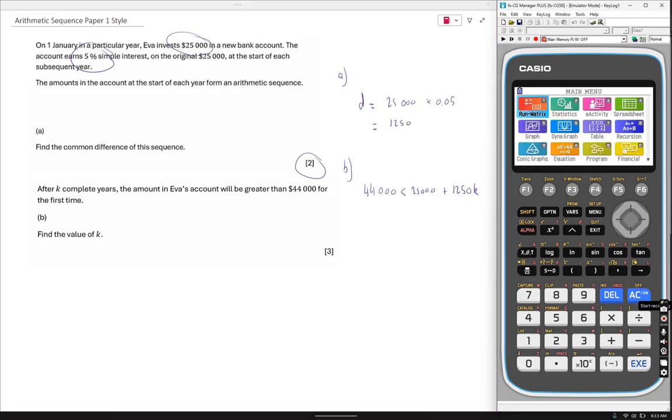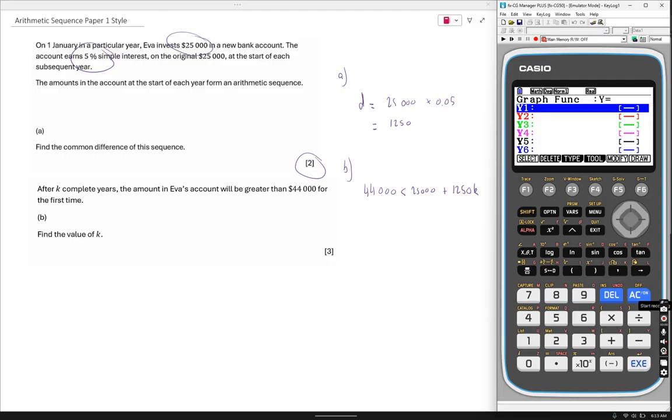Now if I go to my calculator, graph, and we want to change this first one, there's multiple ways you could do it, but I like just changing it. So we've got y equals. Now I'm going to change the type up the top. I'm going to go next menu, and looking back at my equation, the y value is 44,000.